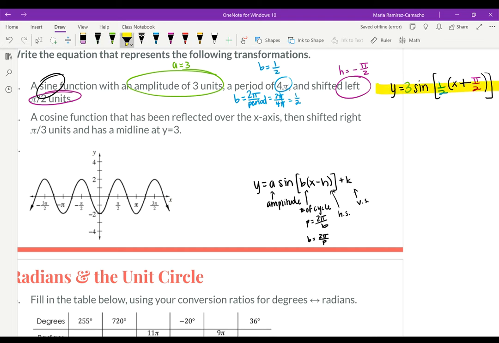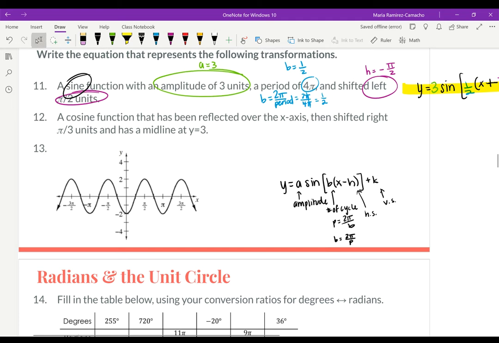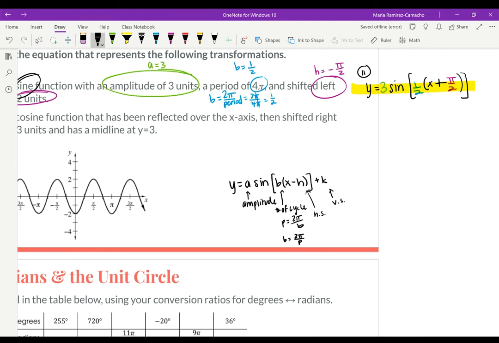So there's our equation for number 11. Y equals 3 sine 1/2 times x plus pi over 2.